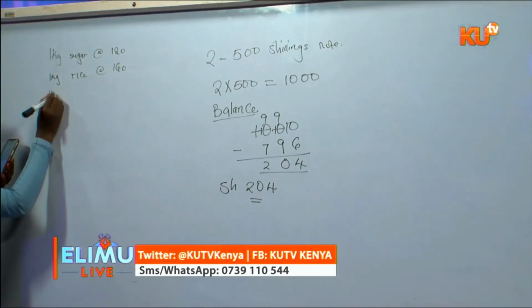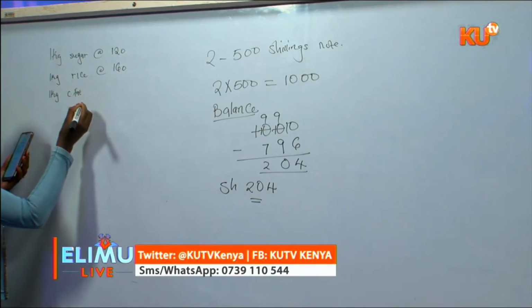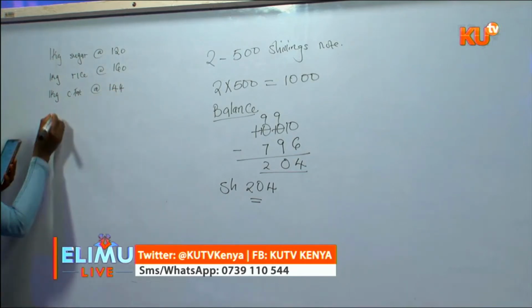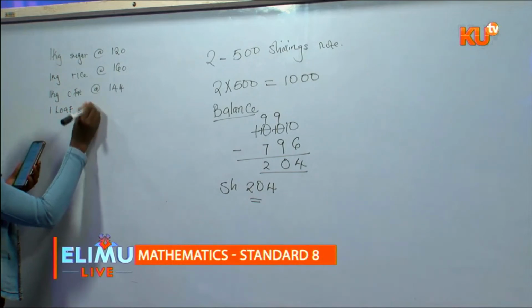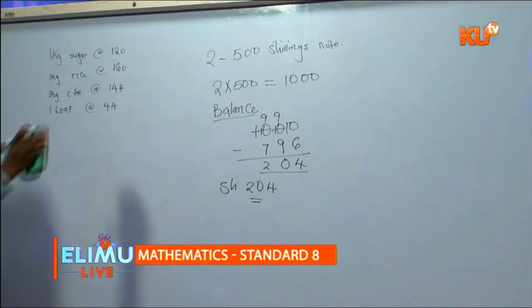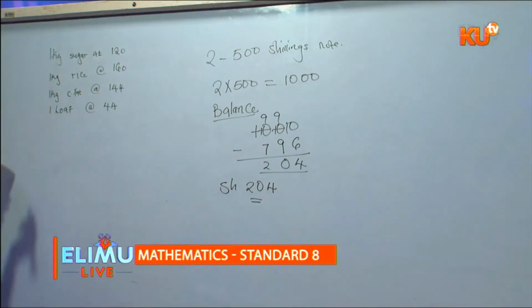And then we have 1 kg cooking fat at 144 shillings. And then 1 loaf of bread at 44 shillings. So these were the prices in the shop.